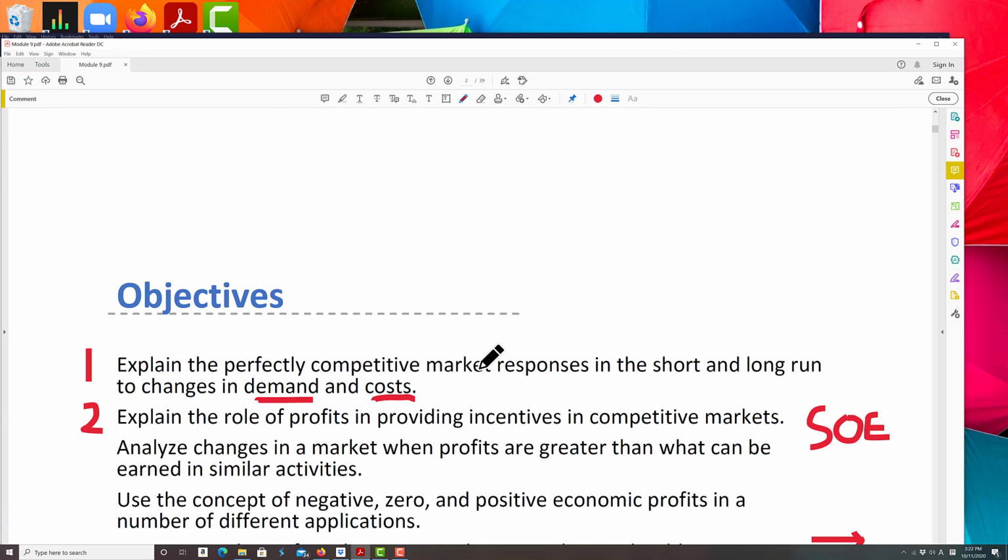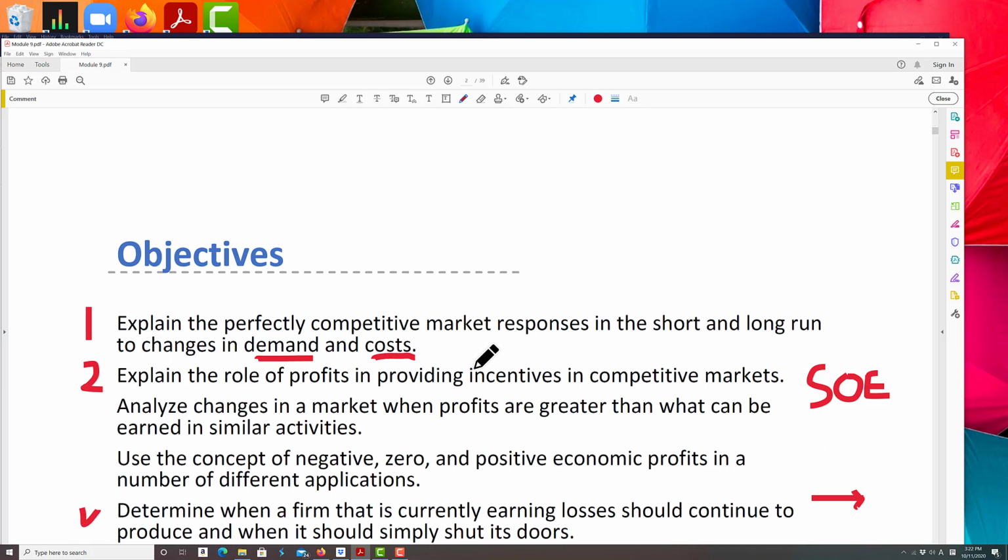So there are 4 objectives. The first is to explain the responses of competitive markets in the short run and long run, and how shifts in demand and cost affect these markets.